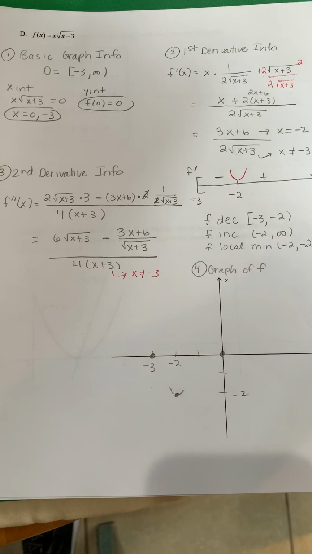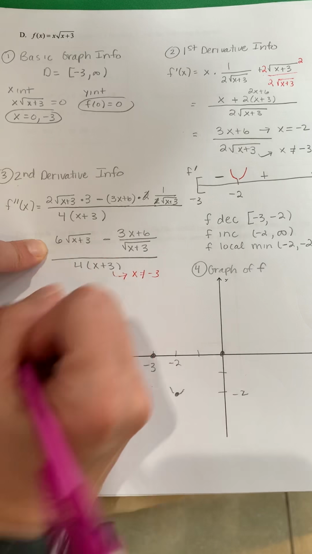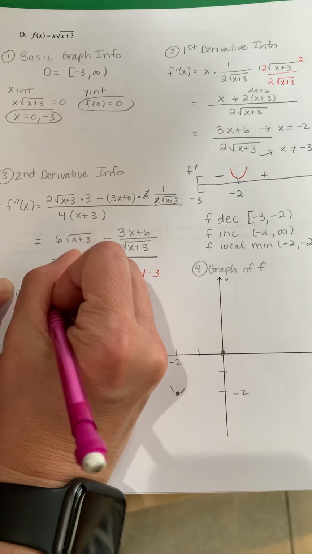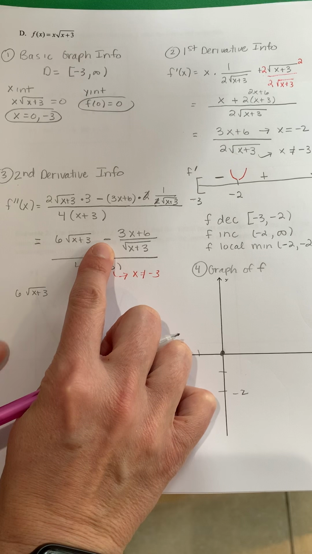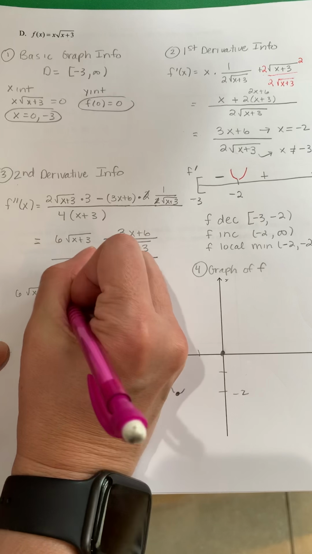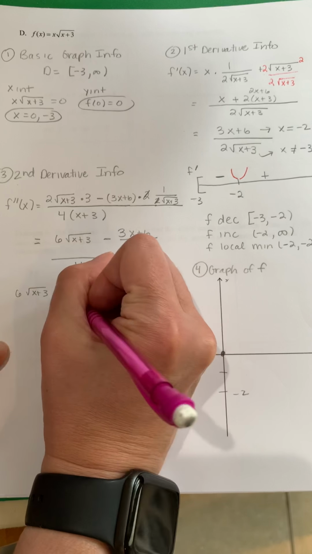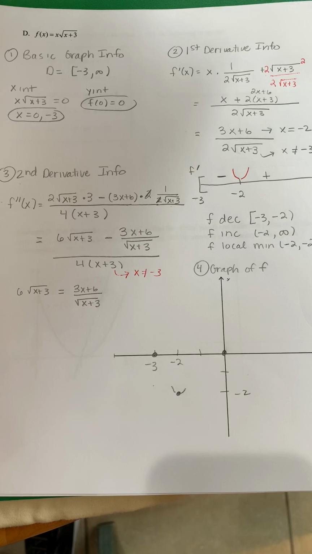So the numerator that I have, I want to set that equal to 0 and try to solve. So I'm going to do that off to the side here. So 6 times the square root of, excuse me, the square root of x plus 3. If I set it equal to 0, I'm going to go ahead and move this to the other side. And so I can have positive 3x plus 6 all over x plus 3, right?